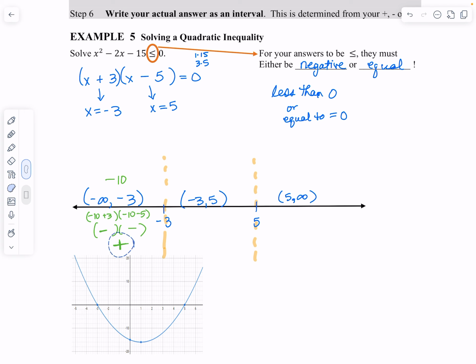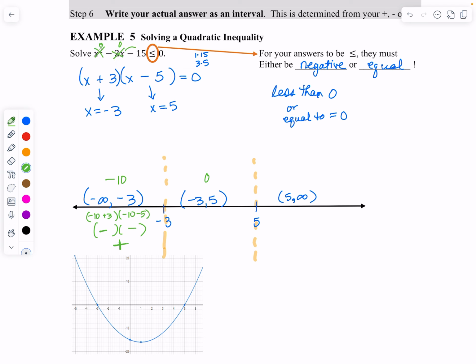All right, I'm going to do the exact same thing for the second one. I'm going to pick the easiest number to plug in, which I think is 0. So I could plug it into my factored form like I did with the first one, but I think it's easier to plug it into the original, because if I plug zeros in, anytime there's an X, that's a 0.